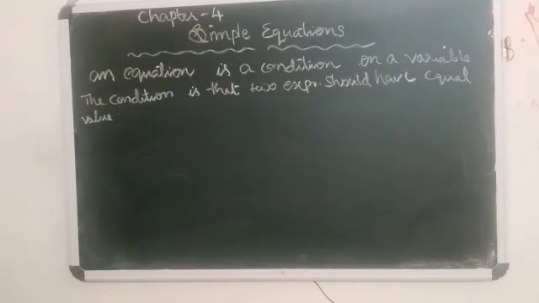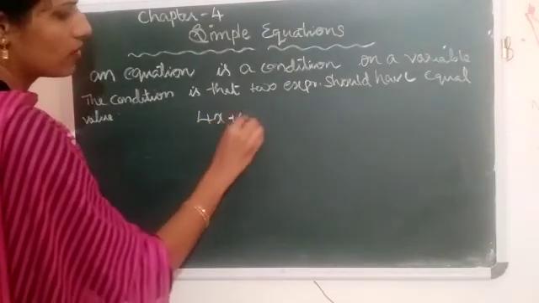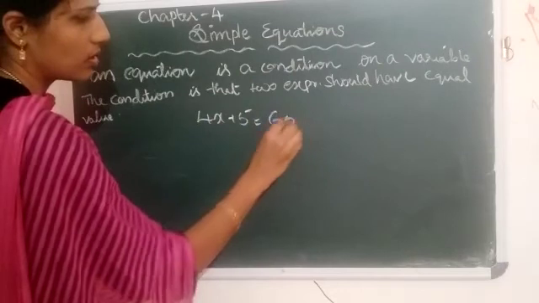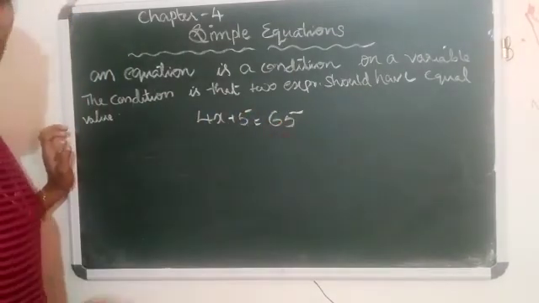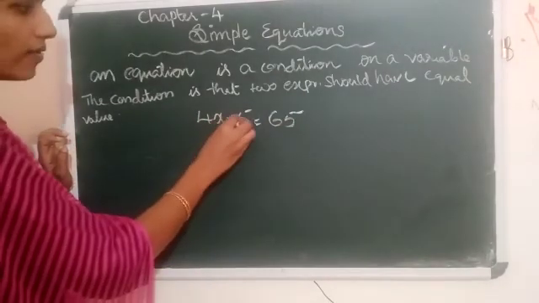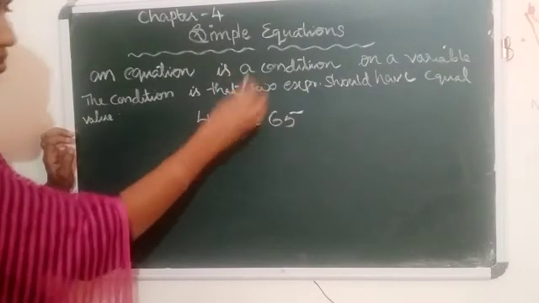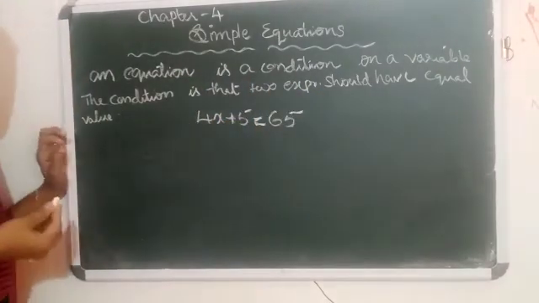Now see the statement: an equation is a condition on a variable. The condition is that two expressions should have equal value. For example, 4x plus 5 equal to 65 is an example of an equation. That is, a variable with operations, then an equal to sign, then the entire expression is called the equation.